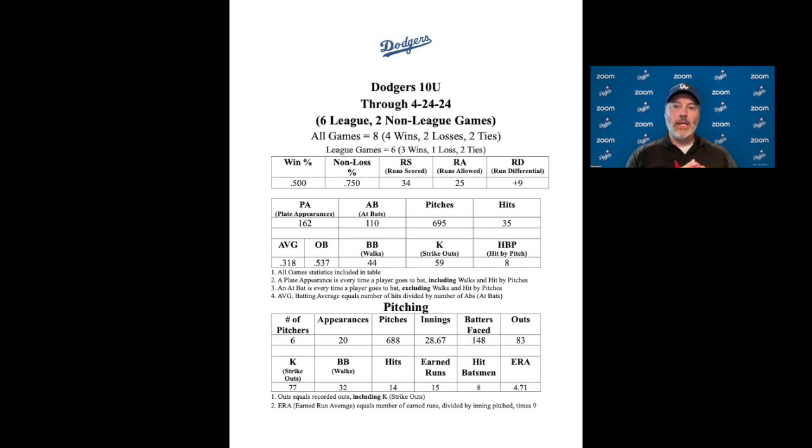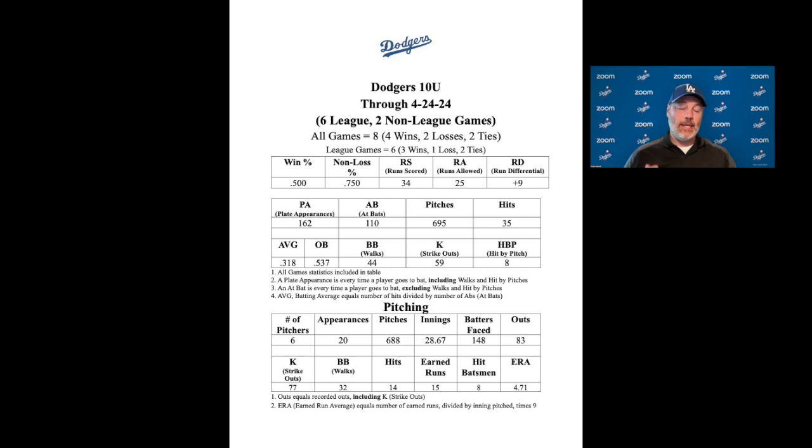And then we bring in a pitcher during an inning or during a game, that's 2 appearances. So in that one game, we got 2 appearances. And we've actually had one game where we had 4 different pitchers, so we had 4 appearances in that one game. Over the first 8 games, we have made 20 different appearances.